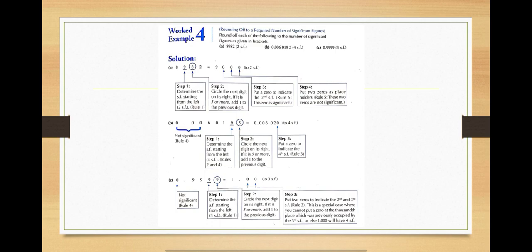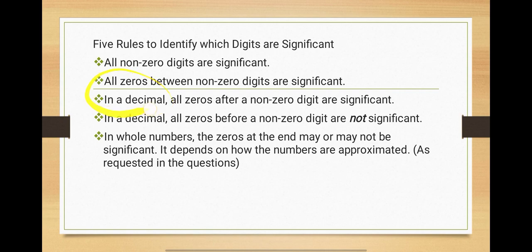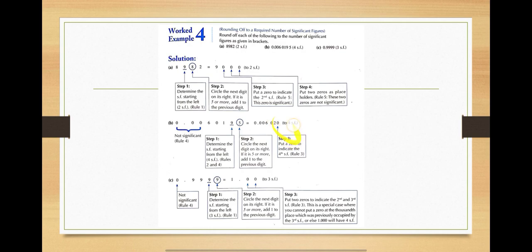Because it is 5, you need to round up, and it will become 6020. And you don't need the fifth rule here. It's almost the same case as A, but you don't need the fifth rule. Why? Because it's in decimal, it's already allowed to be significant for this last zero.